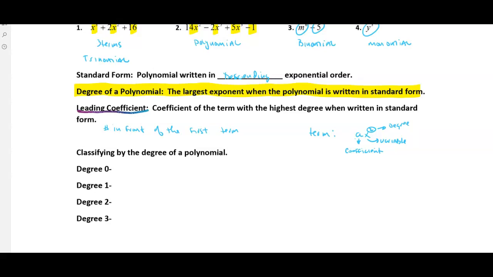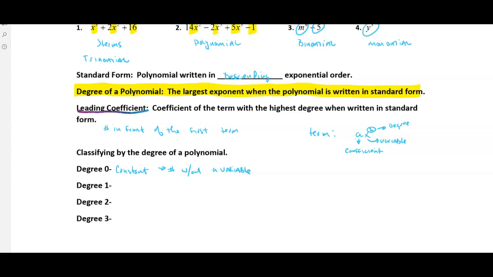So when we talk about a degree 0 polynomial, this is basically a constant. It's basically a number without a variable. So anytime we refer to the constant, it's a number without a variable attached to it by multiplication.